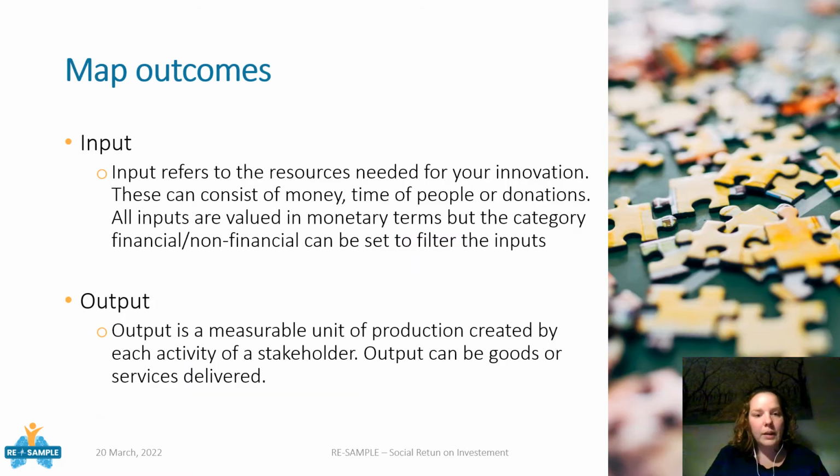The second step is to map the outcomes. So based on this impact map and the list of stakeholders, we can decide for every stakeholder which input is valuable and matters and needs to be addressed. Next to this, we also create a list of outputs.